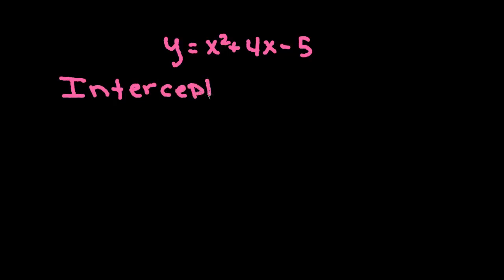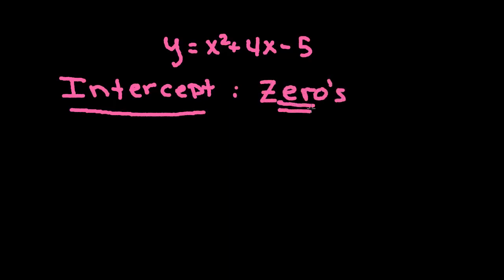Anytime you hear the word intercept, you should think zeros. Intercepts are where one of the values is 0 and the other value is a number. So if you're trying to find a y-intercept, then you let x be 0 and you figure out what the value of y is when x is 0.